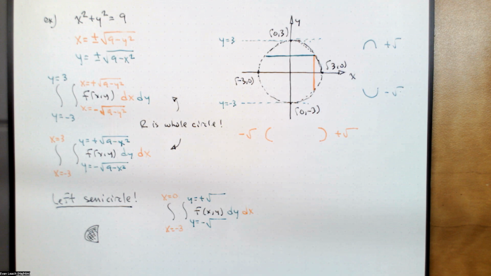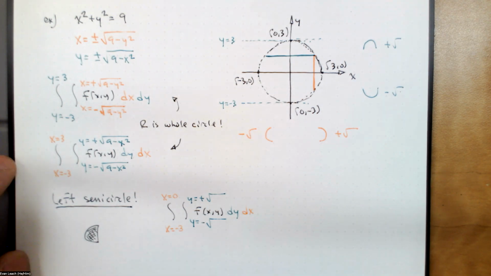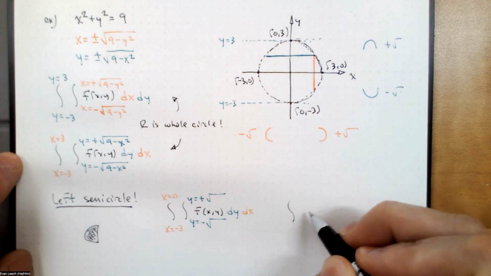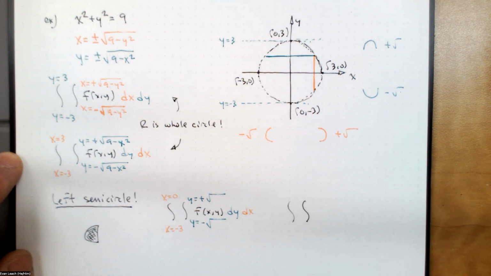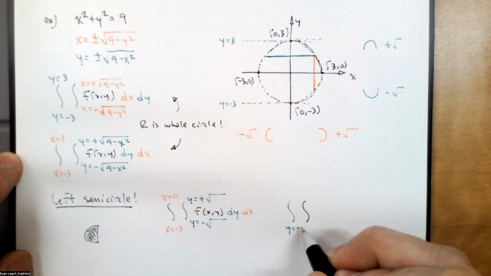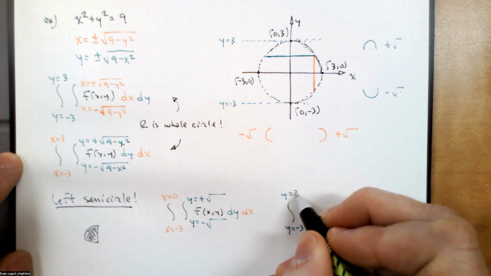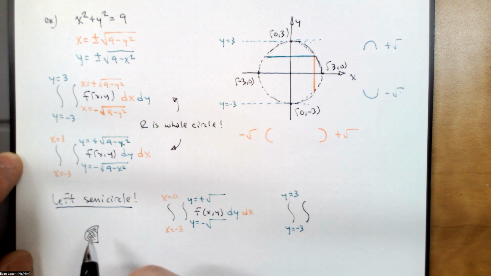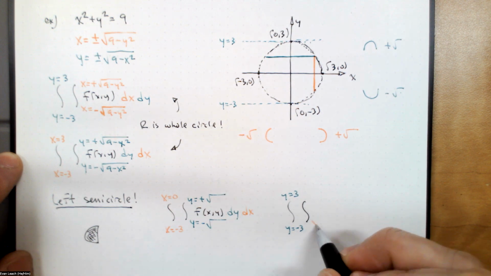We can also build this as a dx dy integral. As a dx dy integral, y goes from -3 to 3. That's from the bottom to the top. But x is going left to right. X starts off at the left of the circle, but stops at 0.